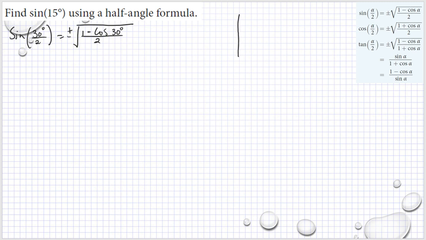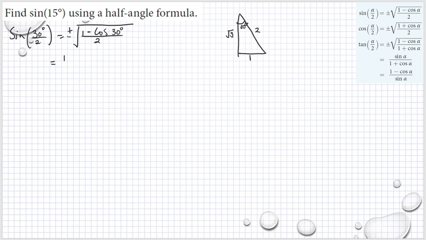And we know our special angle: if this is our 30 degrees, this is square root of 3, this is 2, that's 1. Then we know that cosine 30 degrees is square root of 3 divided by 2.